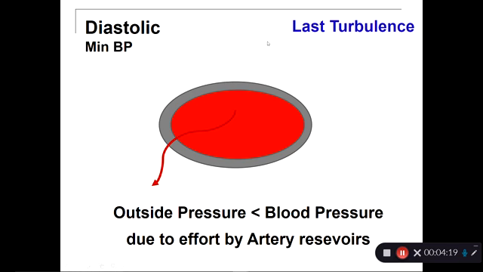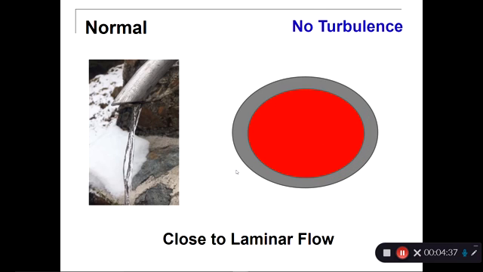The turbulence that you hear at the end is partially due to the arterial reserve. If you remember the reservoir, remember that the elastic tissues really do like pushing back, kicking somebody in the bum as they exit the door. And then it finally returns to normal, close to laminar flow. That's how a blood pressure works. That's how you read a blood pressure.